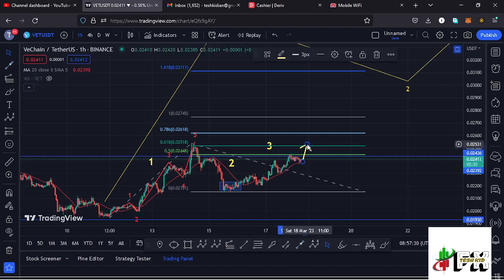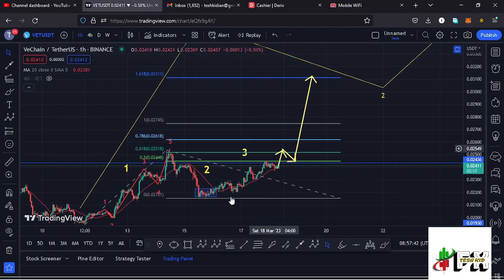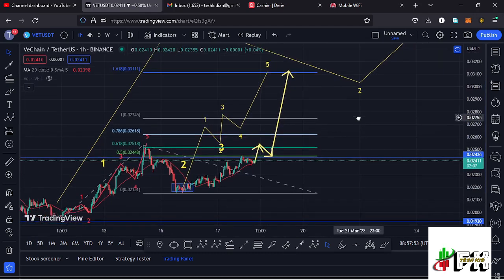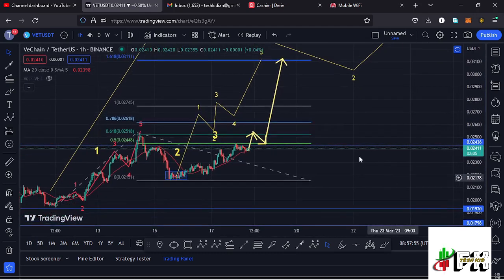And the moment we manage to break above that, then I'll be watching for a retest of that key area of resistance, then continue gearing up to fully maximize our target areas at around the $0.0311 mark. And in the formation of that wave 3, we can also expect another 5 wave structure in formation within the formation of that wave 3, because of the impulsive nature, having the wave 5 fully maximizing our target areas. So that is what I'm expecting here on the short-term scenarios on the Vechain chart.